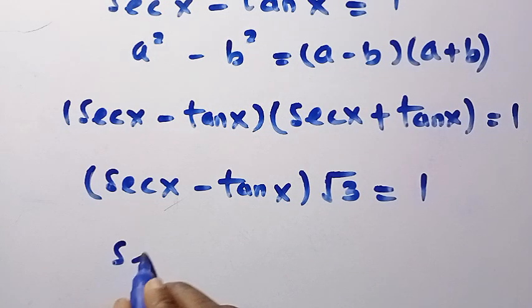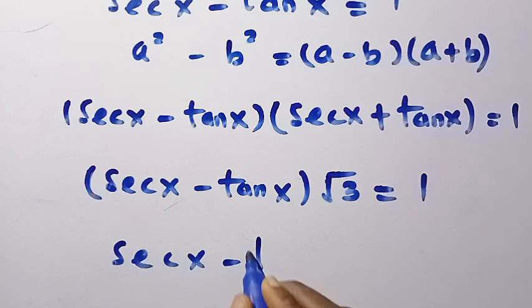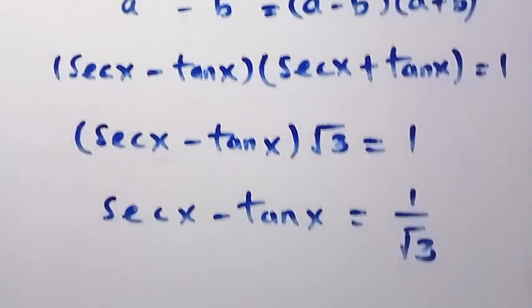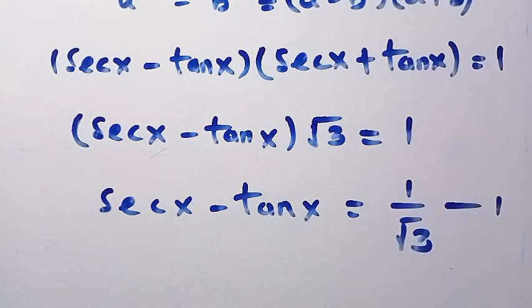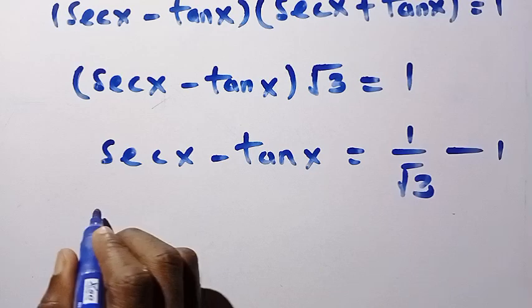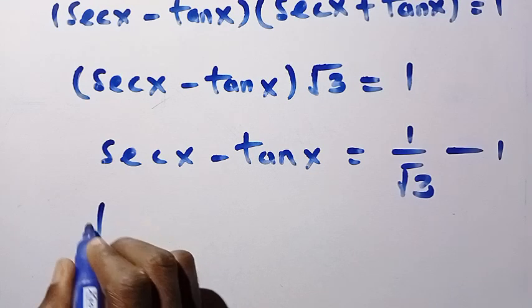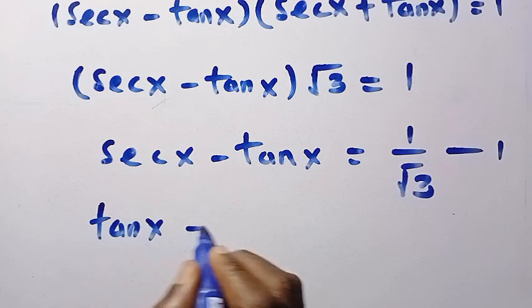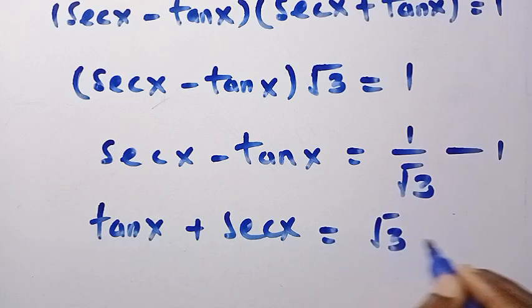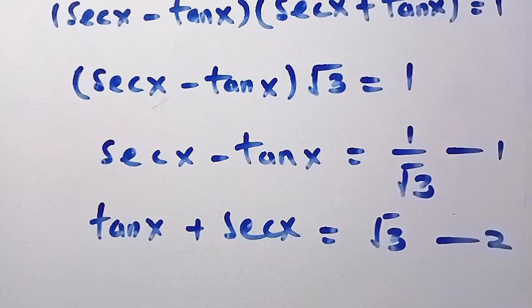Dividing by root 3, we have sec x minus tan x equals 1 divided by root 3. Let me name this equation 1. Now let's recall from the given equation, tan x plus sec x equals root 3. Let me call this one equation 2.